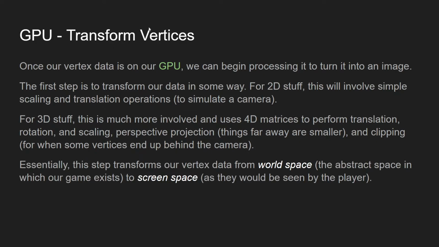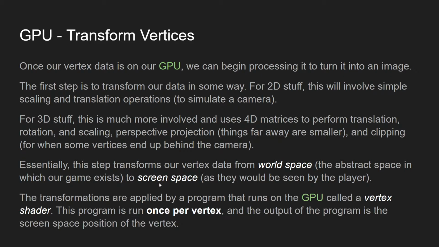But essentially the transformation step here, it takes data from world space, which is the sort of coordinate space that all of our vertex data is in, and transforms it into screen space, which is as it would be seen by the player, but also into pixels on your monitor, right? It has to take this sort of abstract space that we've created and map it to that -1 to 1 range that OpenGL uses for the frame buffer.